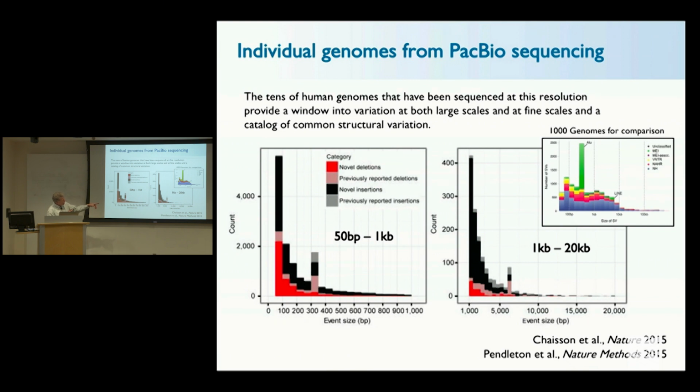And the other spike you can see on the right-hand plot here, at about 6 kb, are L1 LINE elements, which are also active retrotransposons in humans. A full-length L1 tends to be about 6 kb. And so these two particular biological processes are an exception to this general rule of the relationship between variant size and frequency.